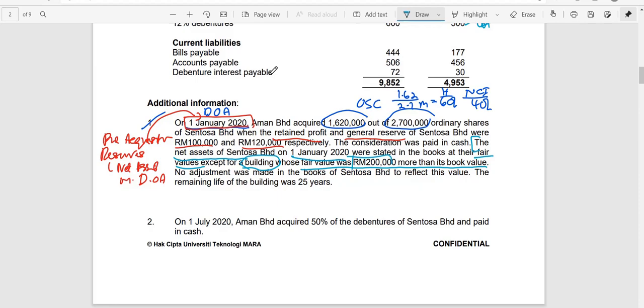So if the fair value is more than the carrying value on the date of acquisition, this is a revaluation surplus, and it will be credited to the asset revaluation reserve (ARR) relating to the building of the subsidiary, and the surplus is 200,000.